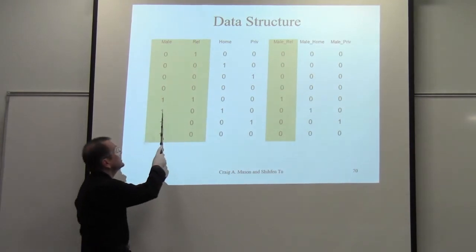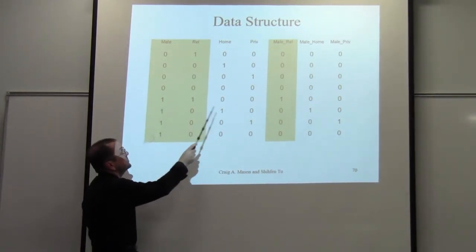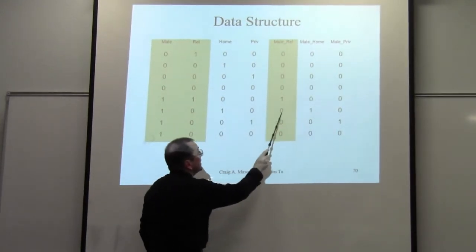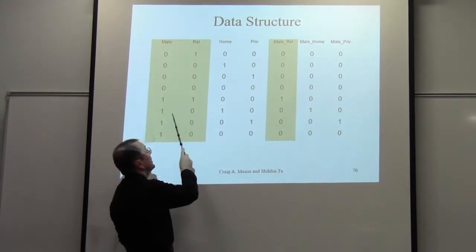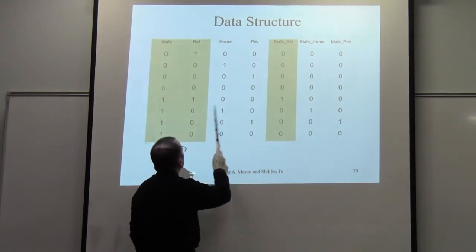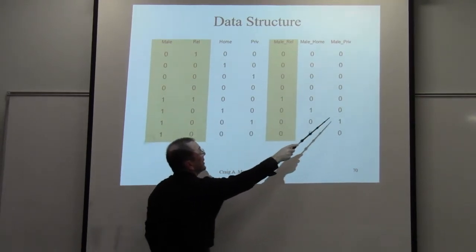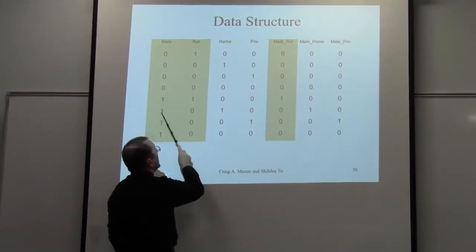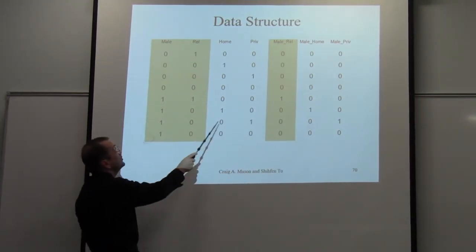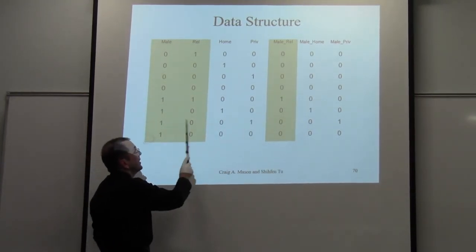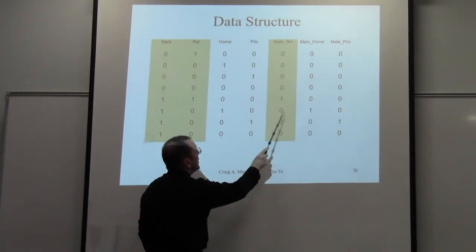Then for males in homeschooling, when I'm looking at the interaction, male times religious is 1 times 0, so that's 0. Male times home is 1 times 1, so that's 1. Male times private is 1 times 0, so that's 0. And then for a male who's in private school, male times religious is 0, male times home is 1 times 0, 0.